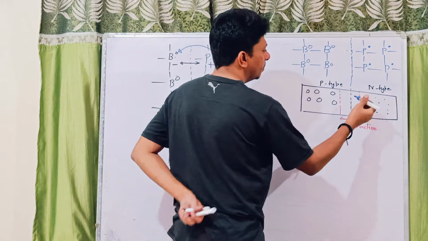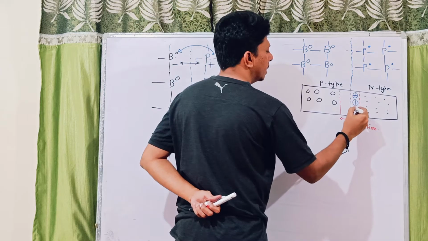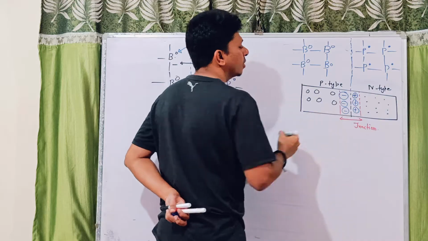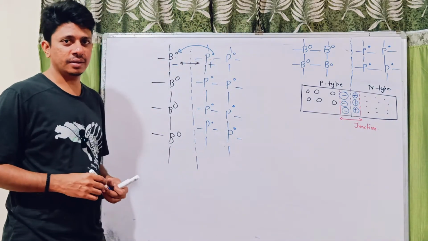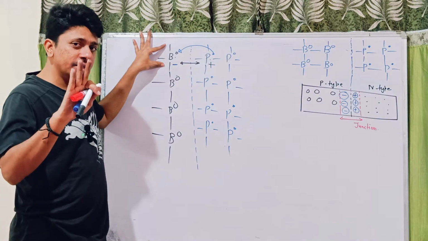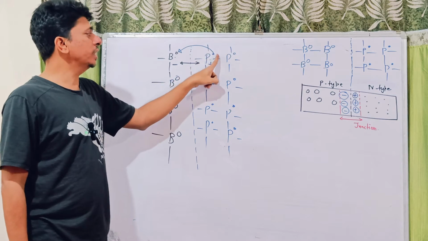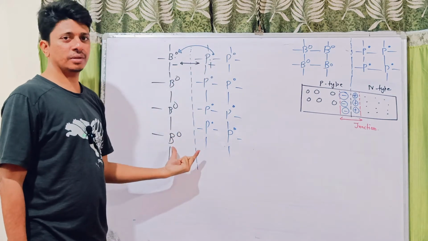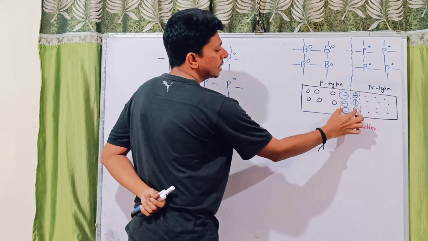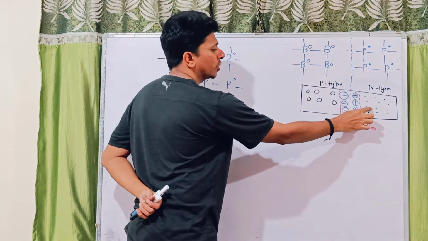And now this picture will be drawn in this diagram like this one. In the N type there are so many positive ions like this one, and inside the P type region there are so many extra negative ions. See, covalent bond is still present, but no free holes or free electrons near the junction. That is why this junction does not have any extra hole or extra electron.